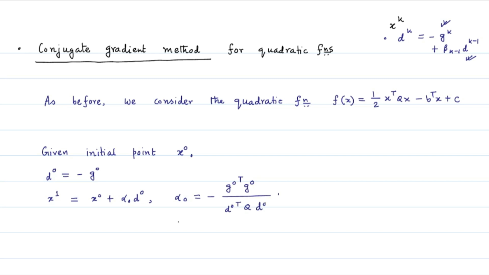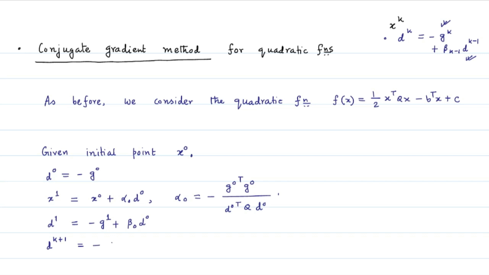In the next stage, we search in a direction d1, that is Q conjugate to the direction d0. We choose this d1 as a linear combination of the current gradient at the point x1, and the vector d0. In general, at the k plus 1th step, we choose the vector dk plus 1 as a linear combination of gk plus 1 and dk.